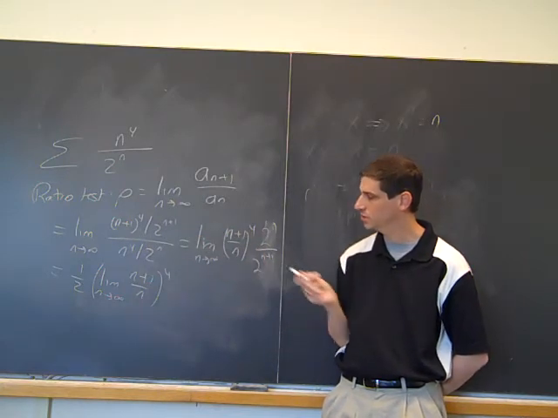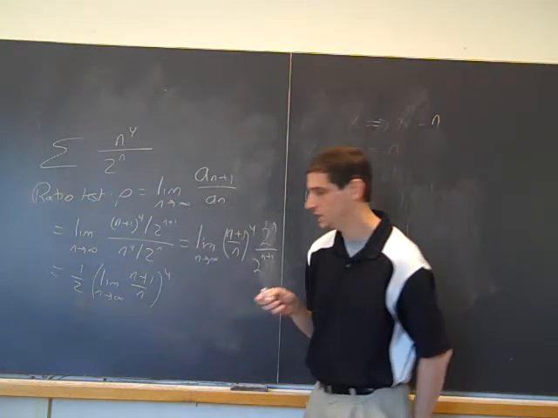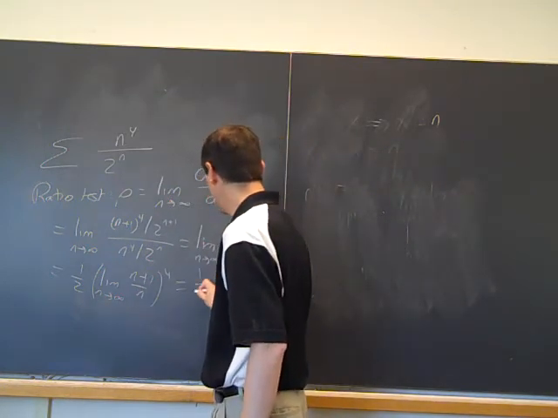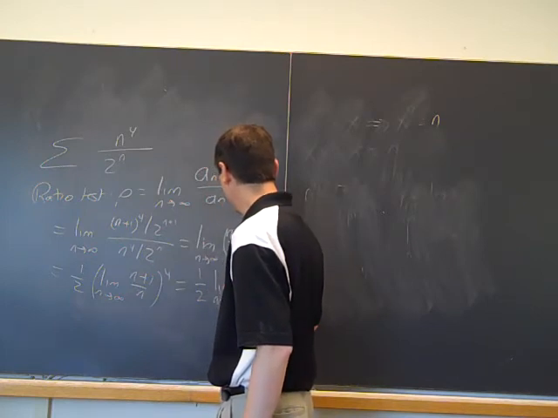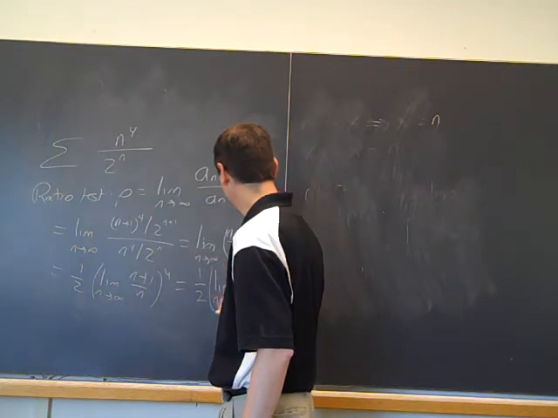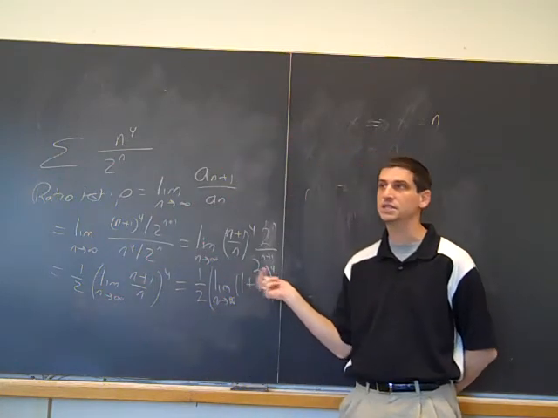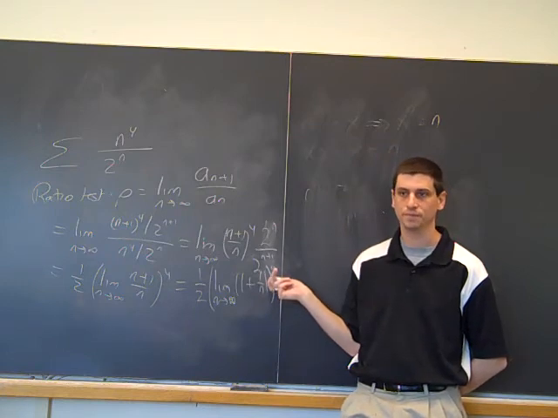Okay, how do I handle n+1 over n? What is that limit? Well, we've seen this many times. You could view this as 1/2 the limit as n goes to infinity of (1 + 1/n)^4. And now if you look at it like this, it's clear that this limit is going to just be 1.